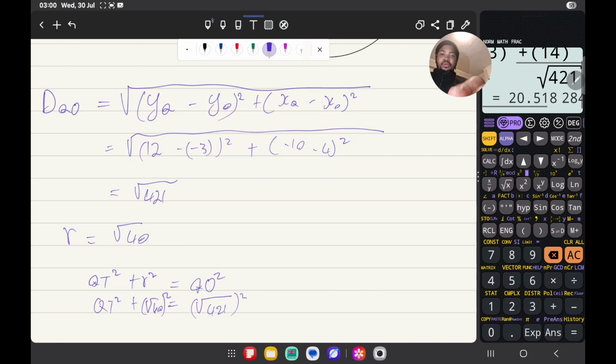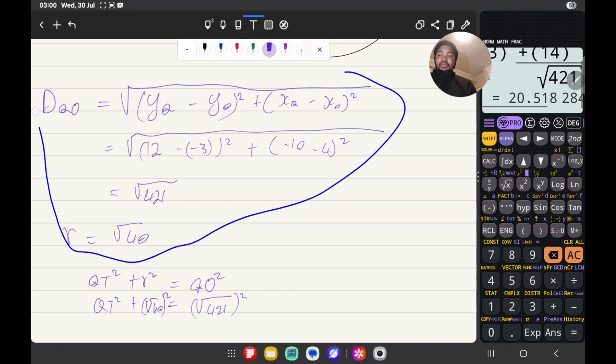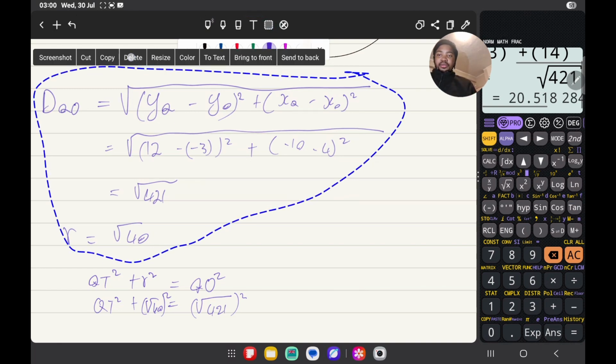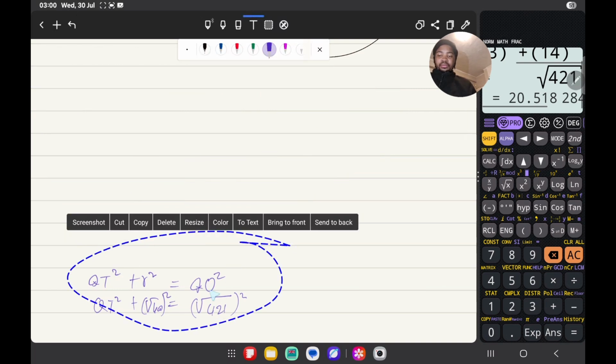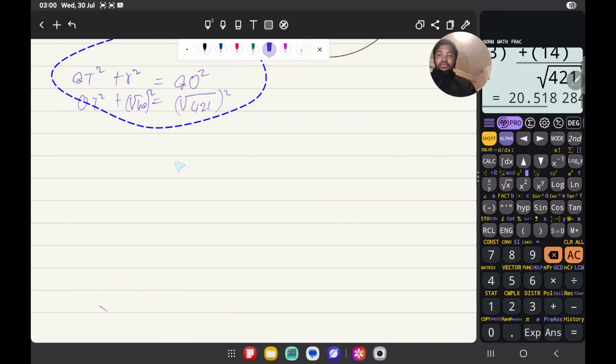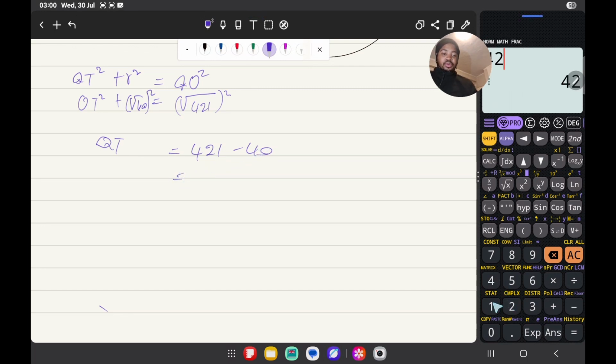So I will make some space. Here I'm going to have QT squared equals 421 minus 40, equals 381.